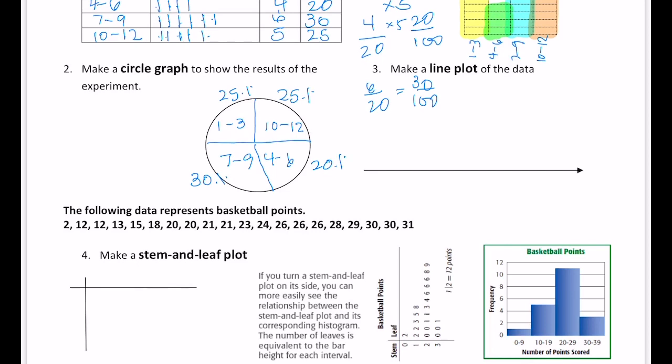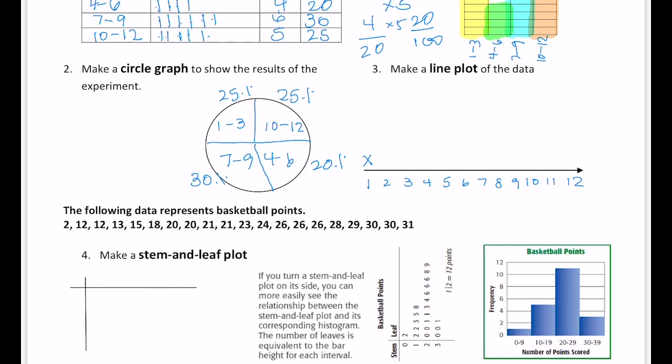So to do a line plot, I'm going to erase this right here. You would write your numbers, and I'm going to try to make them all fit. I have 1, 1.